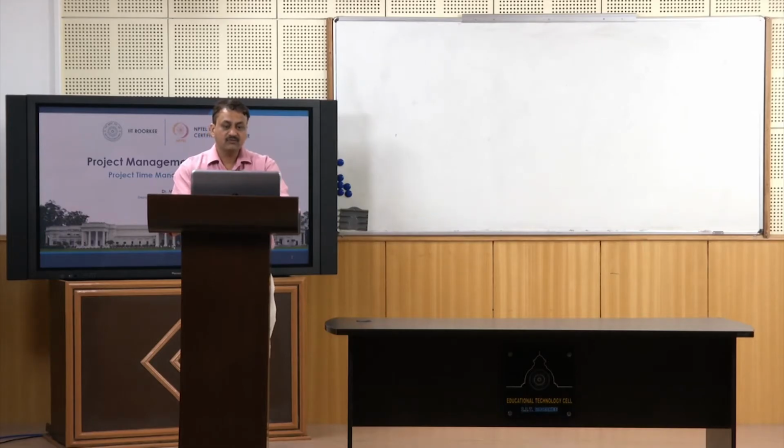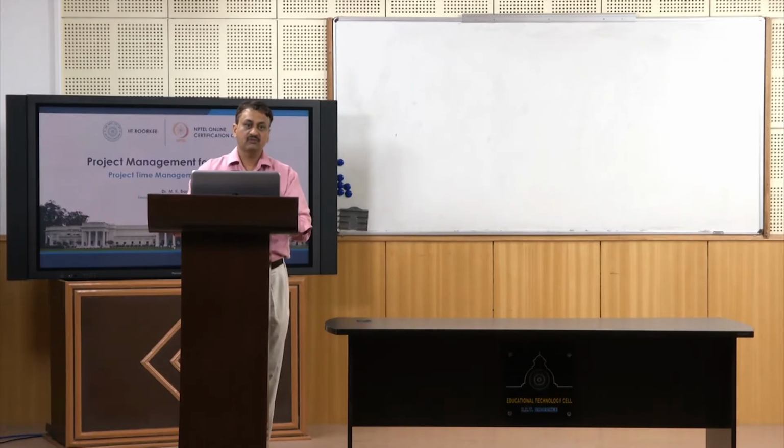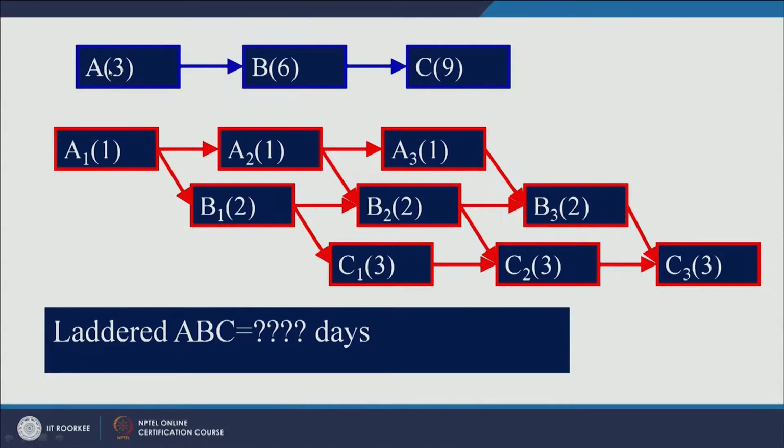Now if we redraw this network like this, we will be breaking activity A into 3 subactivities, A1, A2, A3. So what we are doing, we are starting activity A and its subtask A1, right.